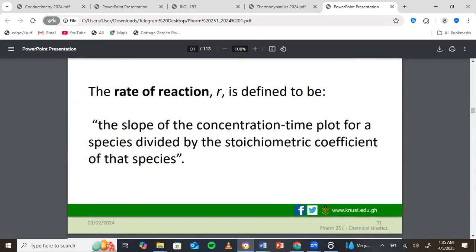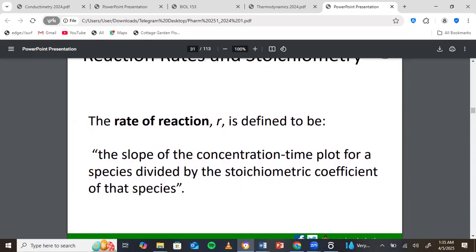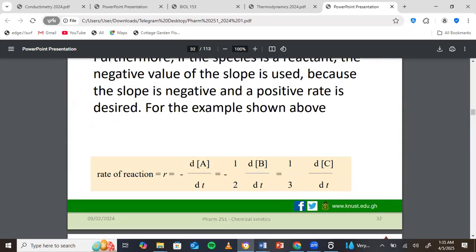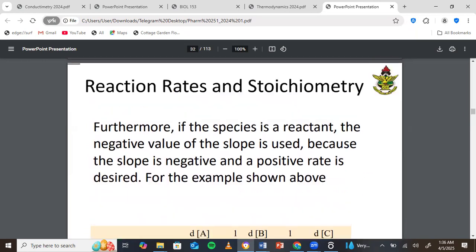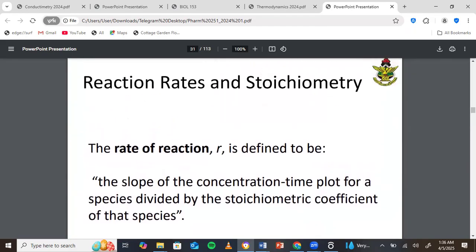And so if we are supposed to state the rate for that reaction, we would get this: the disappearance of A, then the disappearance of B divided by 2, then the appearance of C, because C is the product, divided by 3. That is how we look at it.